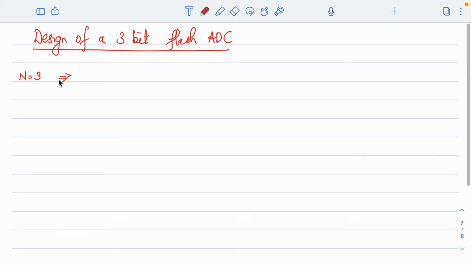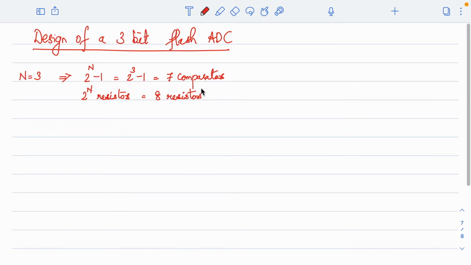That will actually give you two things. One is the number of comparators required: 2 to the power of n minus 1, which is 2 cubed, 8, minus 1, which is 7 comparators. This is one of my primary needs. I need to have 7 comparators. The second thing is that with n equal to 3, you need 2 to the power of n equal value resistors. 2 to the power of 3 is 8. 8 resistors we need, right?